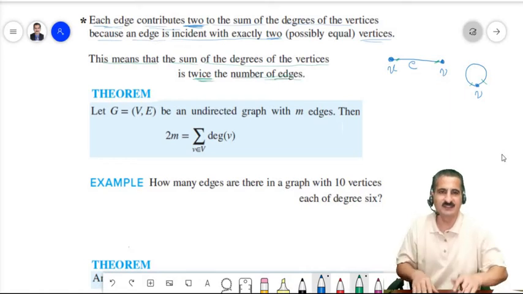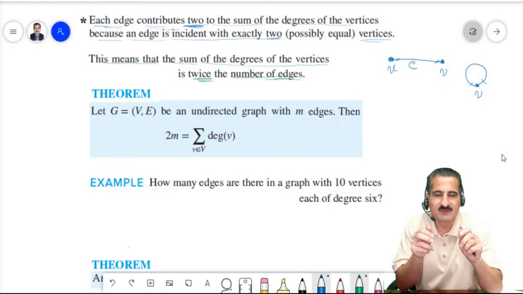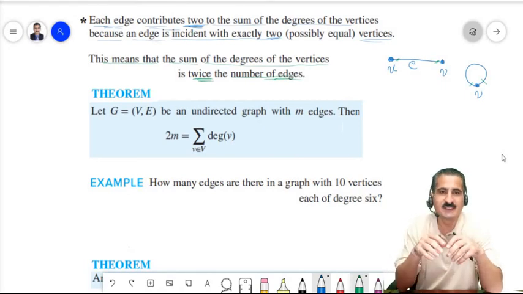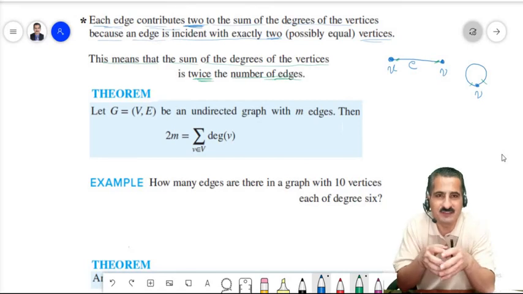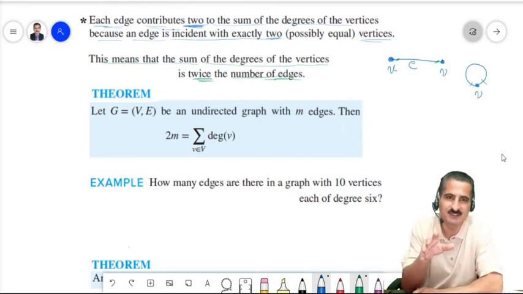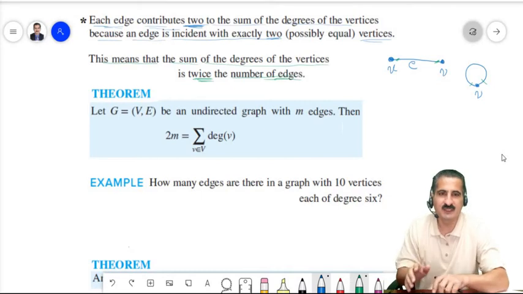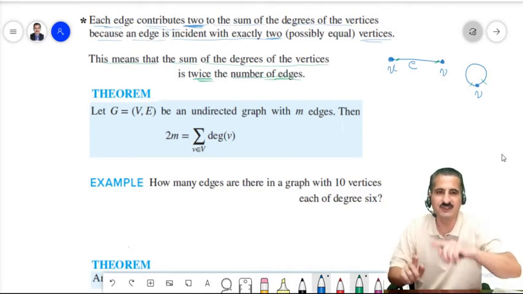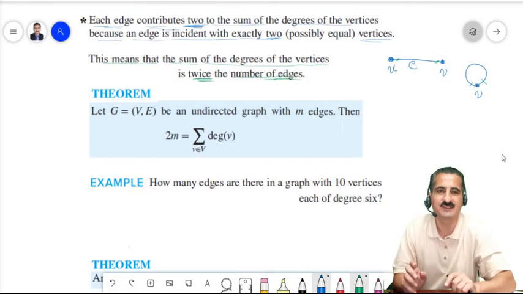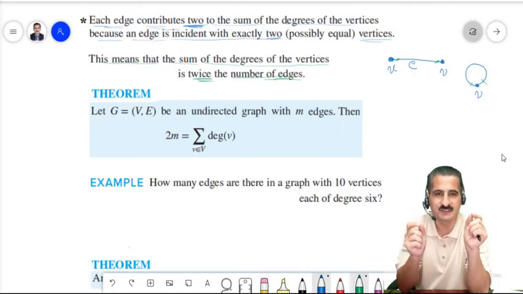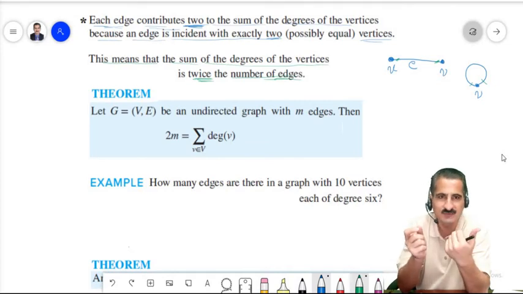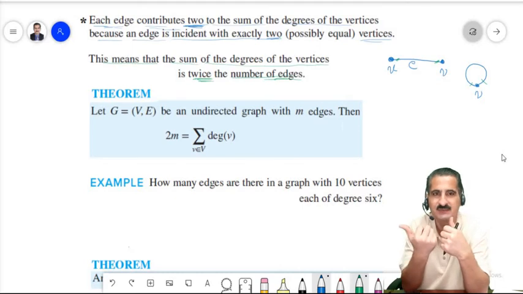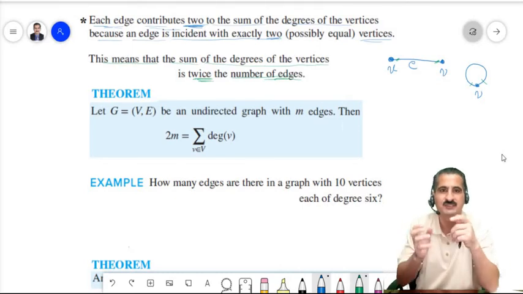You got that? So every edge will correspond to 2 in the sum of the degrees of the vertices. I'm not talking about the degree of a specific vertex here. No. I'm talking about the summation of the degrees of all vertices in the graph. Every edge connects 2 vertices, so every edge adds 1 to the degree of this vertex and another 1 to the degree of this vertex. And this applies to all edges in the graph.